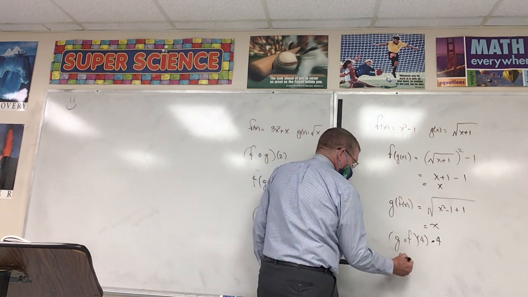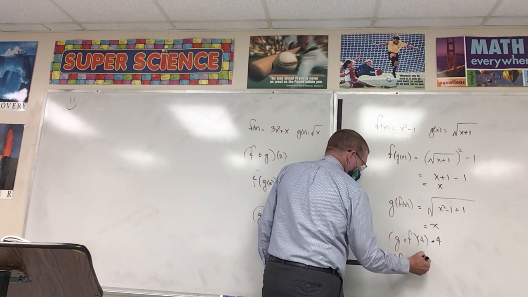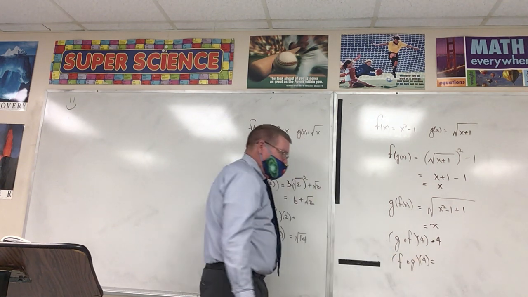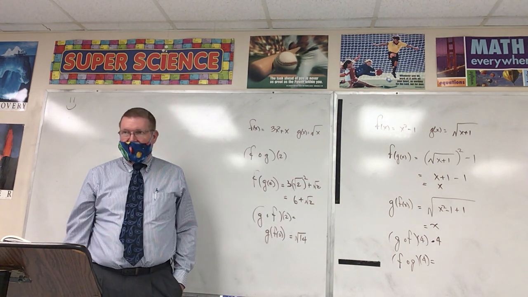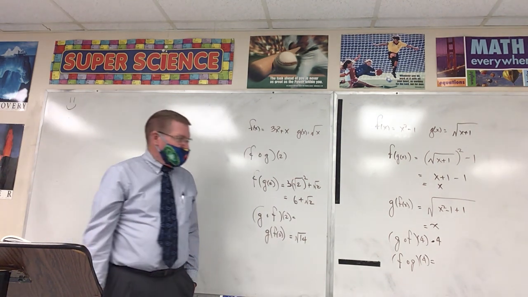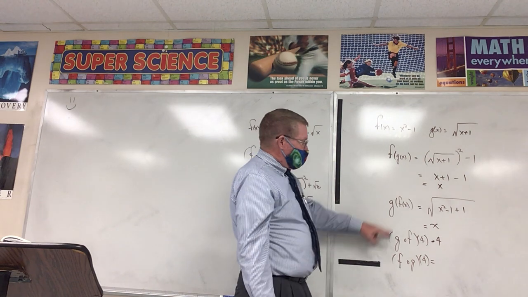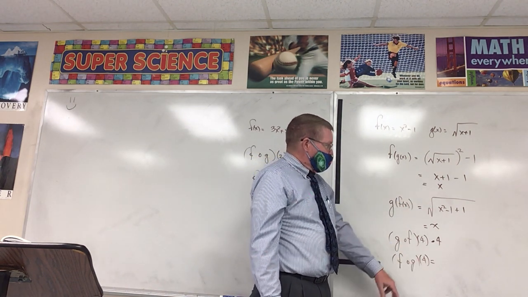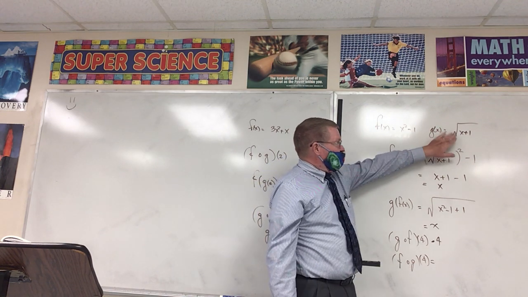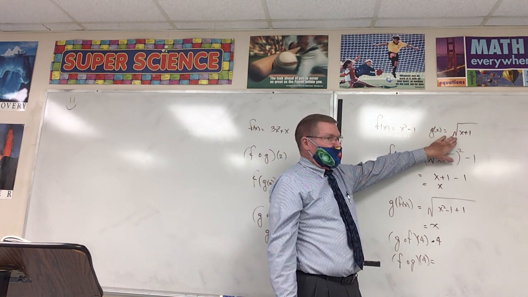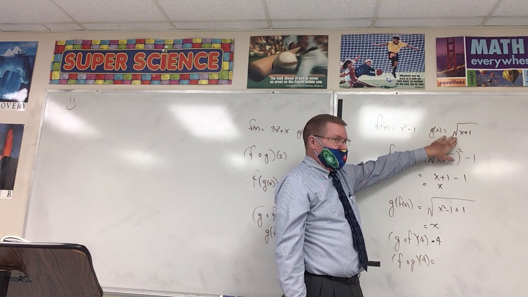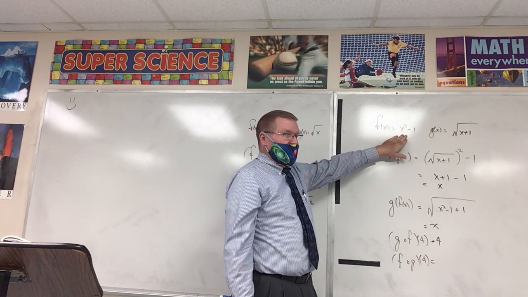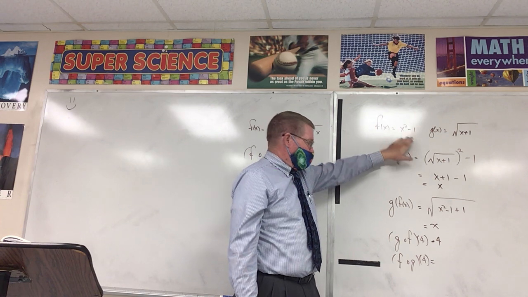So if I have f circle g of 4, what do you think it's going to equal? It's going to equal 4, because that's what it told me: it's always going to equal x. So if I put 4 in for the g, 4 plus 1, 5, square root of 5. I take that and put it into the f: square root of 5 squared, minus 1, 4.